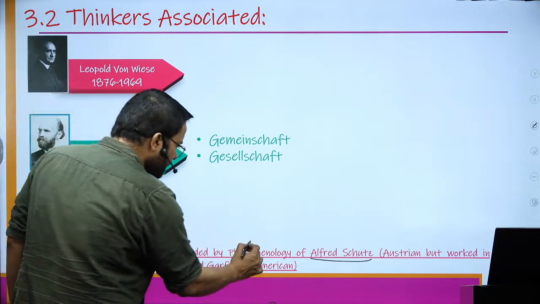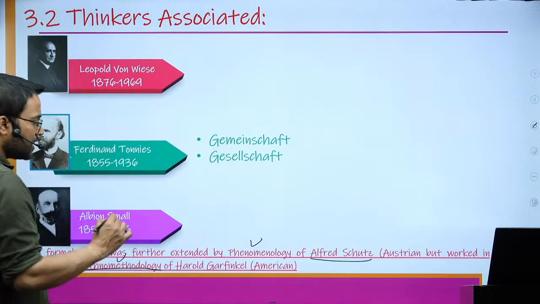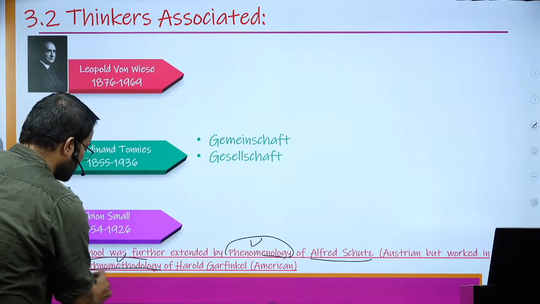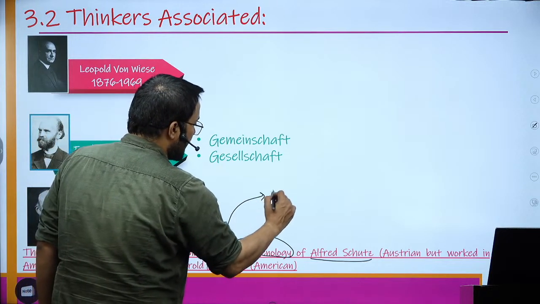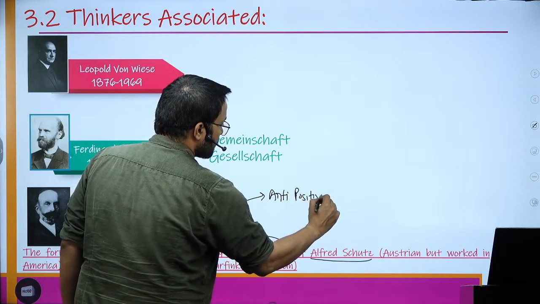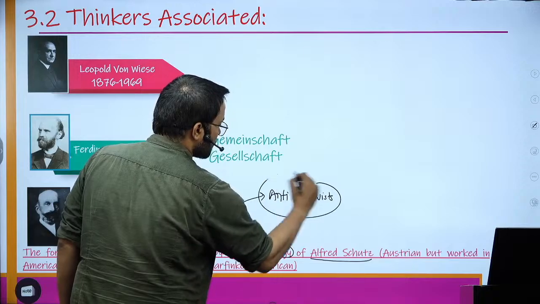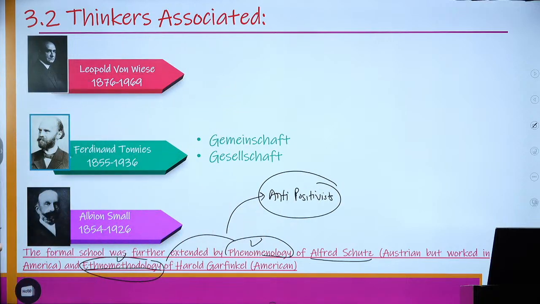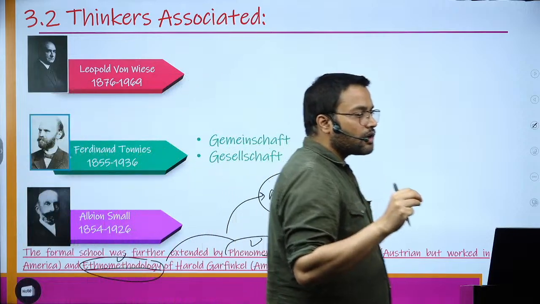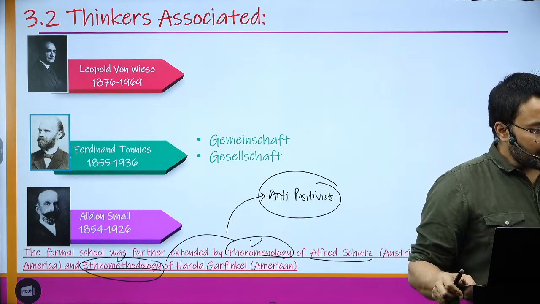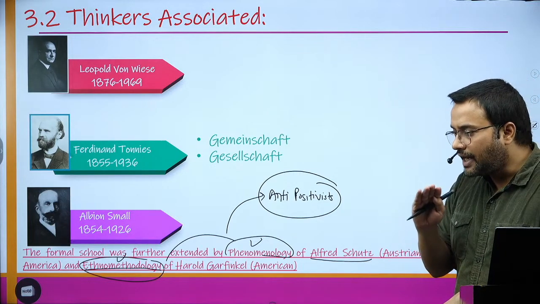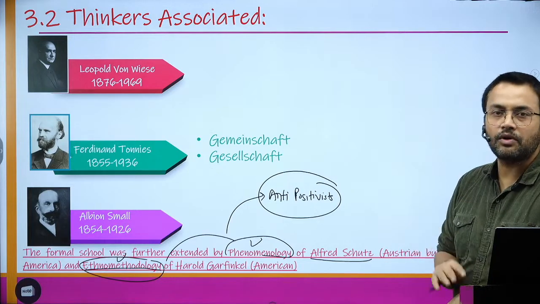I'll be talking in a lot of detail about what phenomenology and ethnomethodology are in our unit 2, because these two, phenomenology and ethnomethodology, are both anti-positivists, which means that they do not at all believe that you can arrive at law-like generalization.